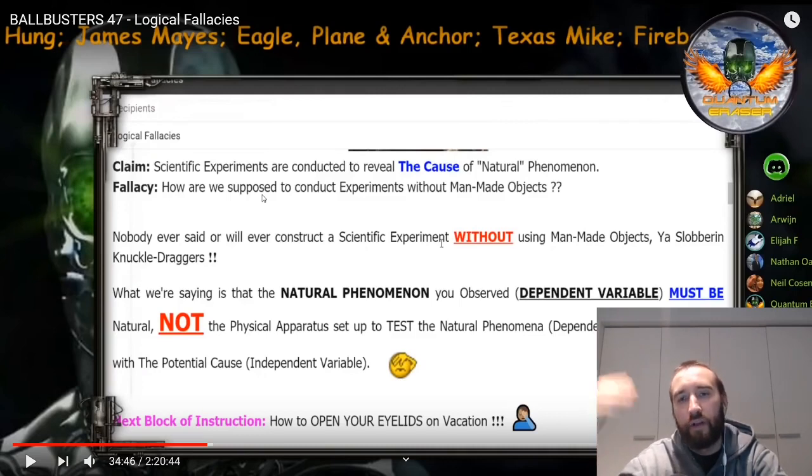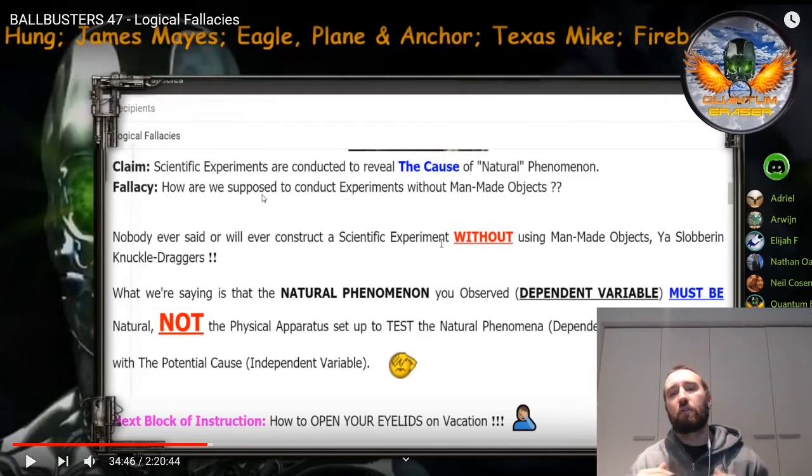And for the next argument, I have an example of how quantum eraser is producing these fallacies by just omitting a large part of his opponent's argument. But I'm not going to do it here, because this would be kind of a long one. The next one is way shorter.